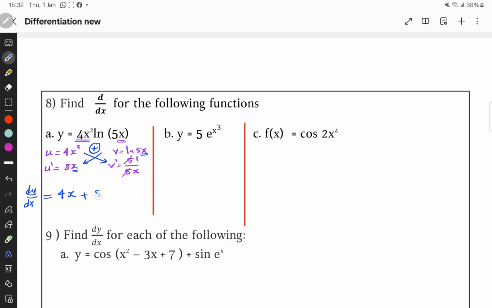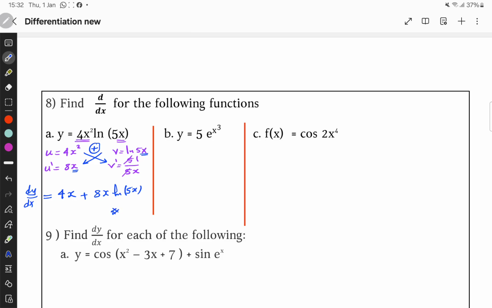So 8x multiplied by the whole function, ln 5x. Some students multiply 5x by 8x, we cannot. 5x is inside ln. So that is my final answer.